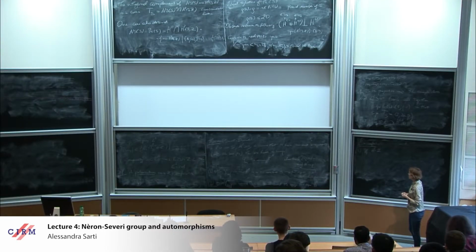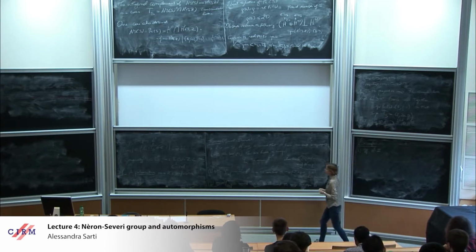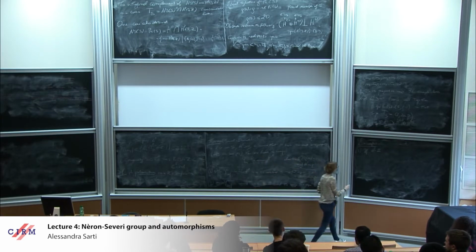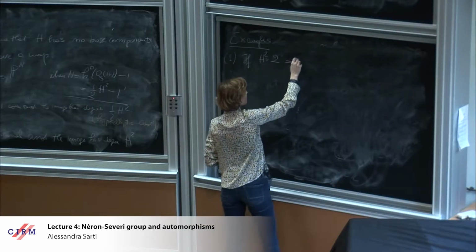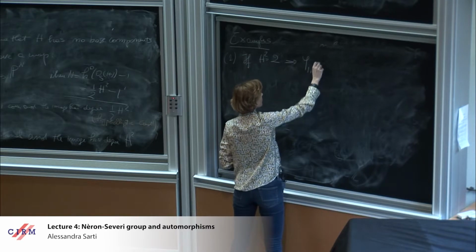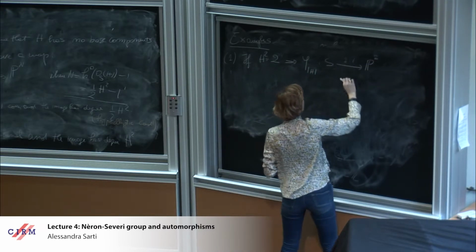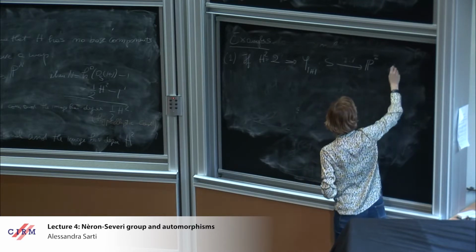Then h square equal to 2 tells you that you have a double cover to P2. And these are the K3 double planes, what we have seen.